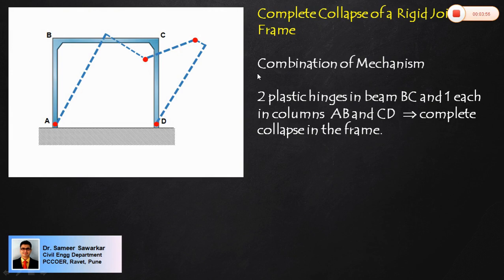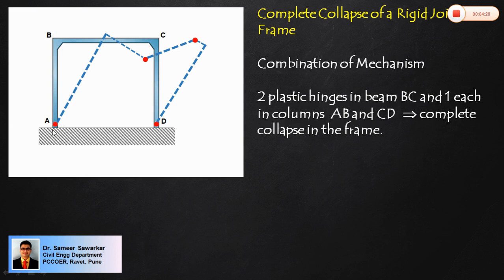One more analysis we have to perform to find the ultimate load or collapse load is the combination of mechanisms. It is possible that the collapse may take place because of a combination of the two mechanisms that we saw: one was the beam mechanism and one was the sway mechanism. So see what is happening here.